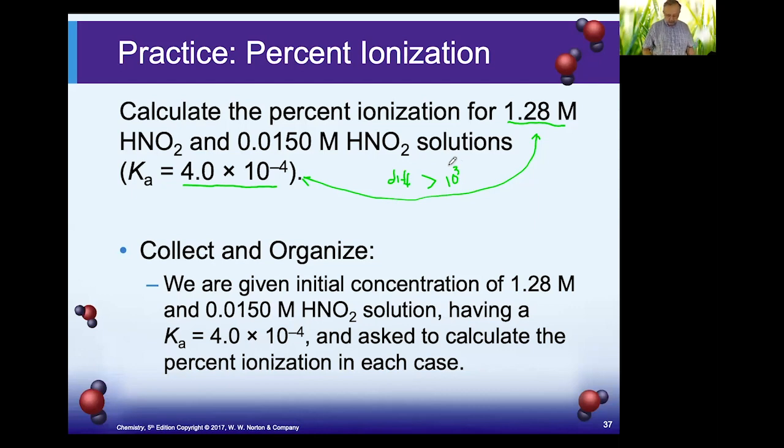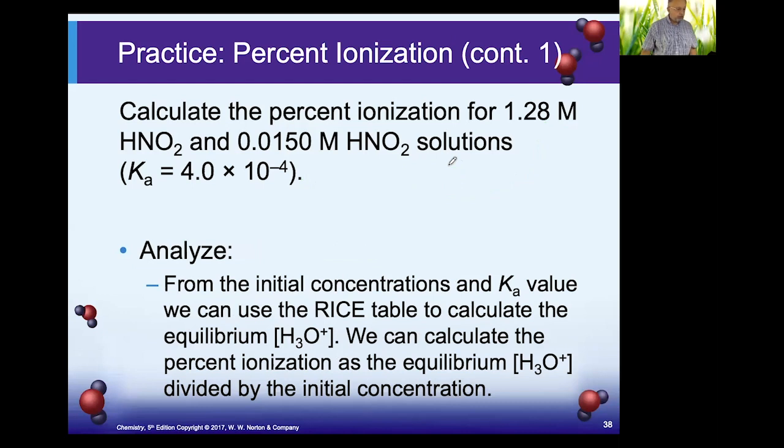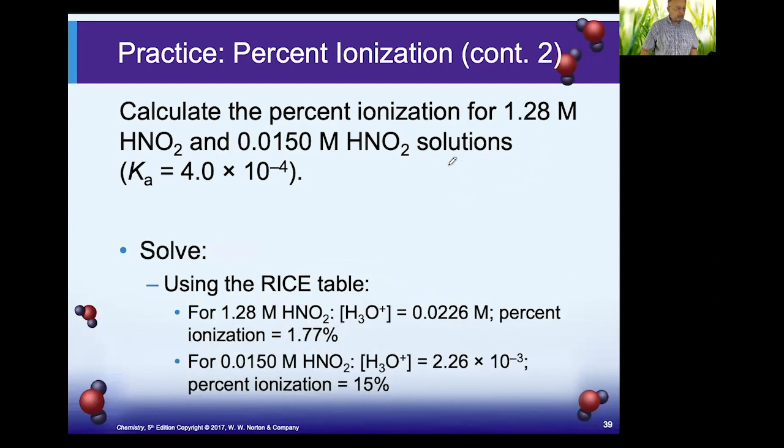So then we can actually work on the problem. We can construct a RICE table and calculate the concentration of hydronium ions, and then calculate how much of it dissociated, and then figure out the percentage.